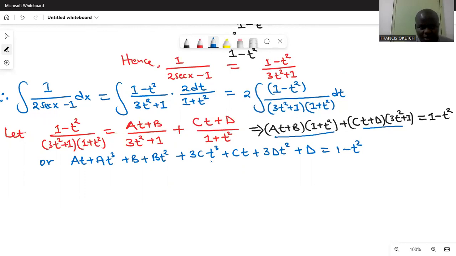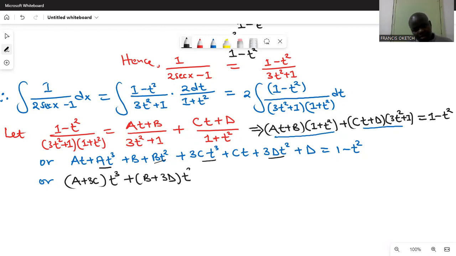Then I can collect the like terms on the left-hand side. The coefficient of t cubed gives us a plus 3c. Then look at the coefficients of t squared. I can see this bt squared and another 3d t squared, so we have b plus 3d.